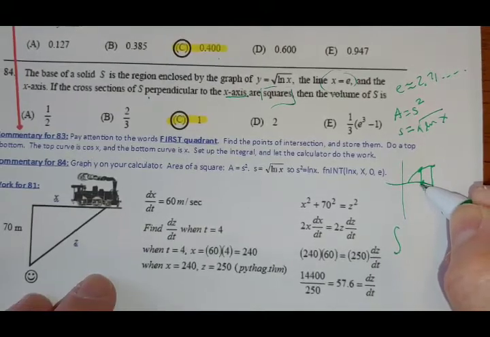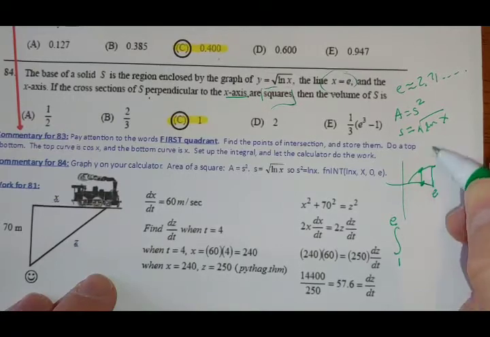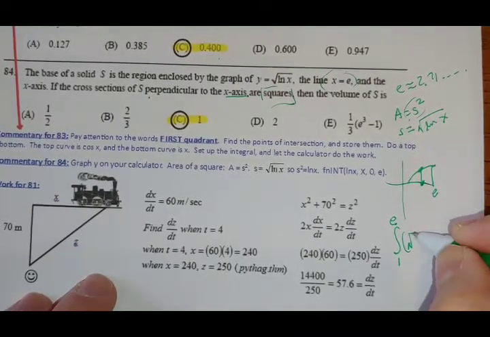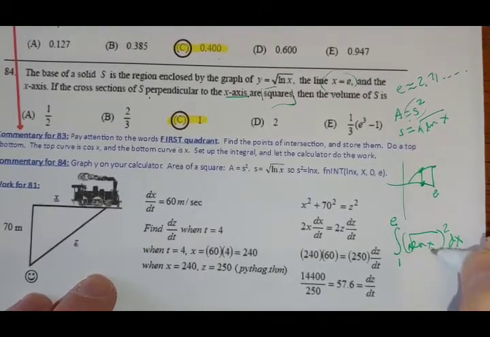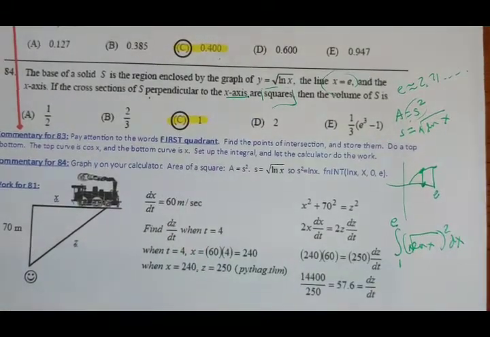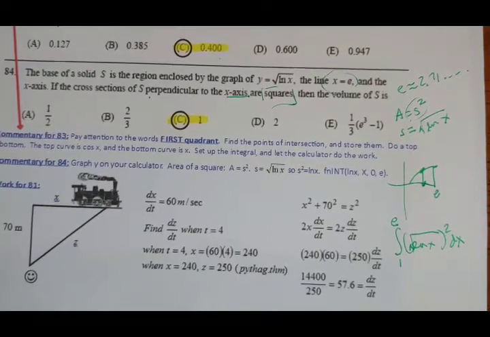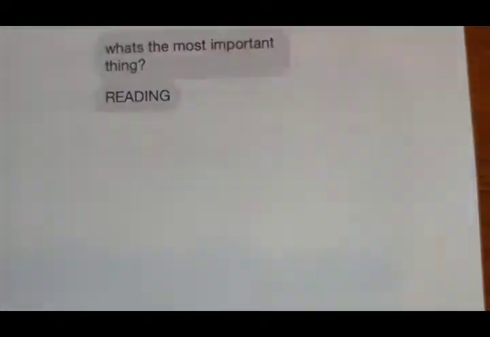So you can use your calculator to find out that that's 1 to e. There's no pi. We're doing side squared. So we have square root of ln of x squared dx. And if you square the square root, you just get ln of x. You go to your calculator and you'll get a volume of 1. So that's number 84.